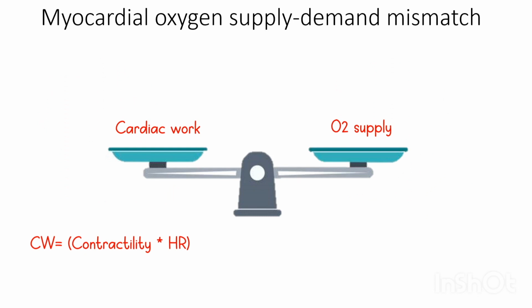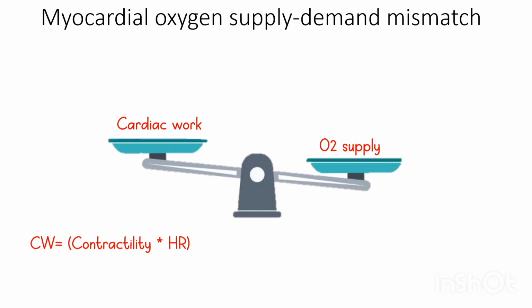Now, generally, if we want the heart to work efficiently, we need to maintain a balance between cardiac work and oxygen supply. Cardiac work is actually a parameter that can be calculated by multiplying the contractility of the heart times heart rate. Now, when a disturbance occurs, for example, a decrease in oxygen supply due to atherosclerosis, vasospasms, or anemia, or if there is an increase in cardiac work due to increased heart rate, ischemia might happen.